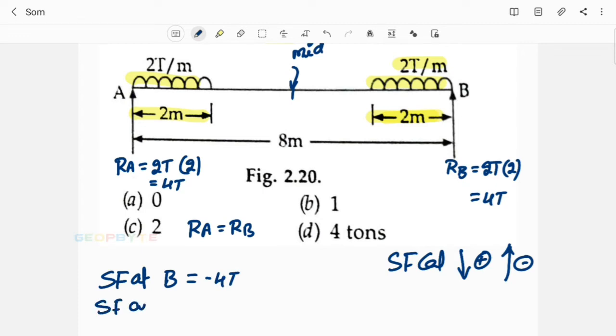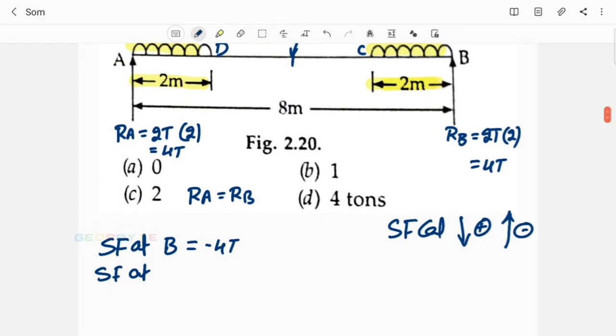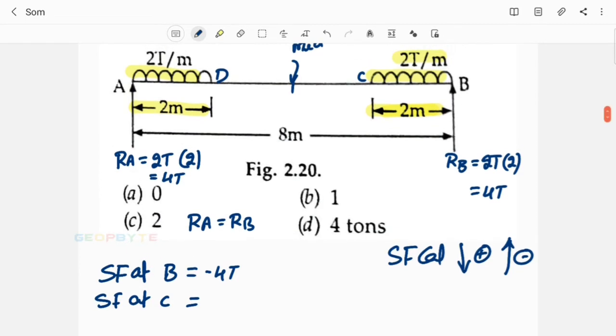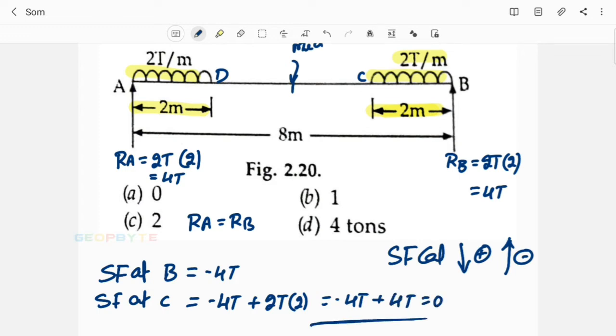Similarly, shear force at C equal to already minus 4T is there, plus UDL into UDL distance, 2T into 2, minus 4T plus 4T is equal to 0. Look at the shear force at C. Shear force at C equal to 0.